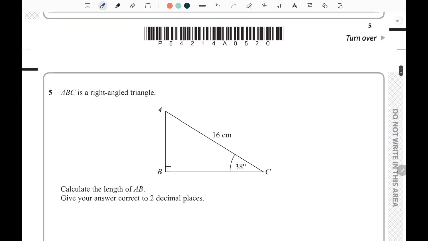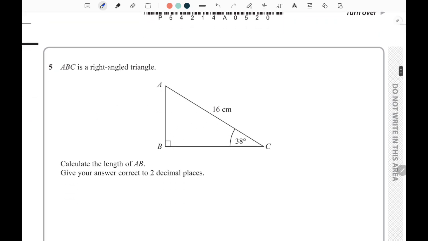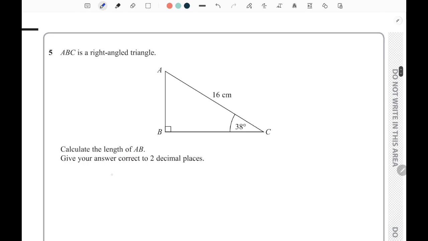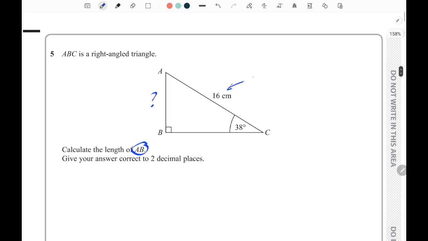Okay, number 5. This is a straightforward trigonometry SOHCAHTOA question. They want us to find the length AB, so it's this side here. We know the hypotenuse, the diagonal, and we're given the angle 38.